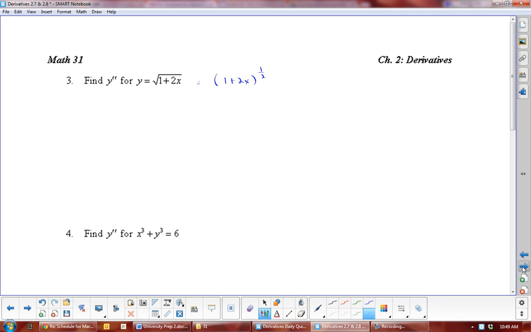So to do the first derivative of this would be 1/2 times 1 plus 2x to the negative half, all times 2, which would equal, so this is y prime, 1 plus 2x to the negative half, because 2 times a half makes 1.